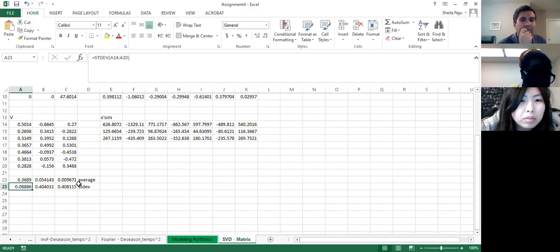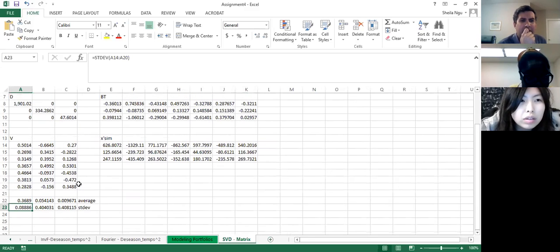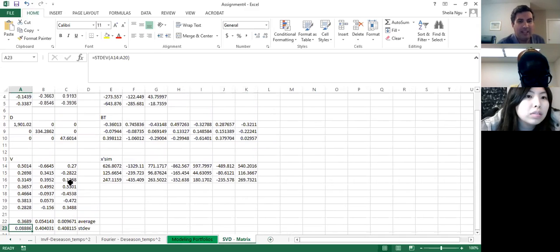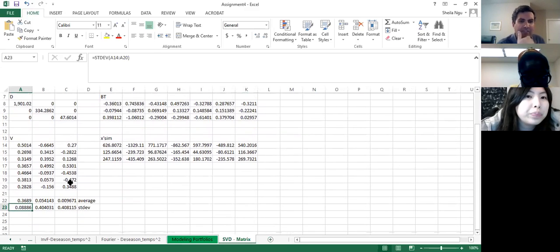I'm not sure why. Actually, did we calculate those for V? So this V matrix is the one that you got coming out of the SVD website? Yes.